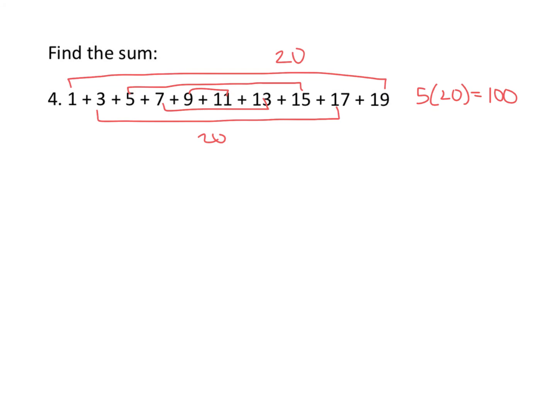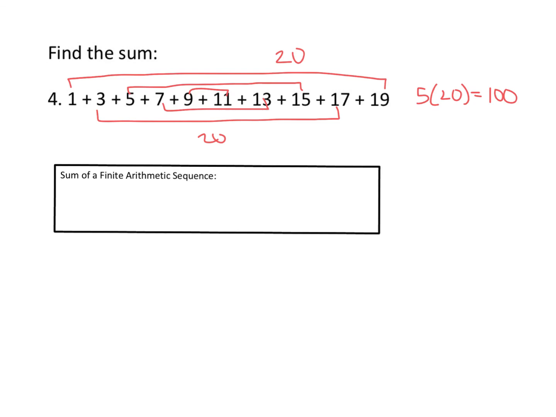I'm going to actually give that to you as a formula. So this thing that we just found the sum of is what we call a finite arithmetic sequence. So we've already talked about what an arithmetic sequence is. A finite is actually the opposite of infinite. Finite means it ends, so it has an ending point.